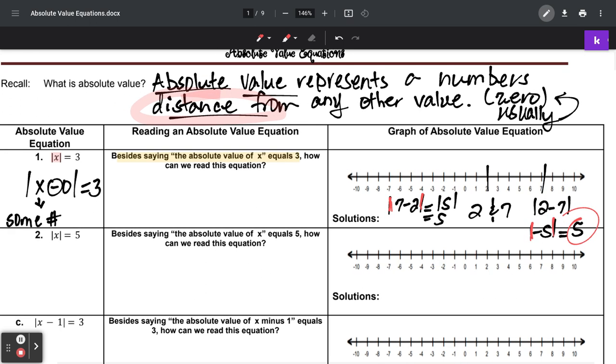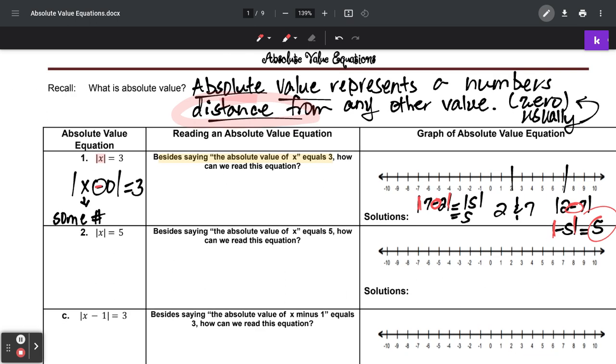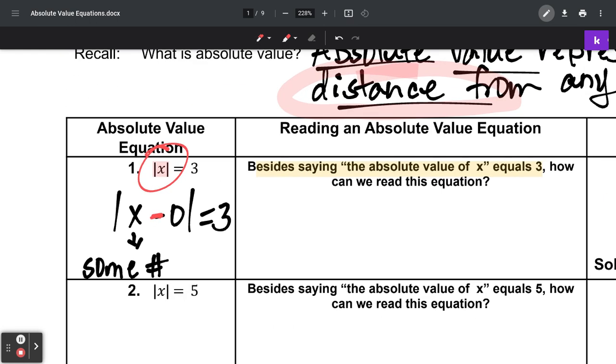But of course, my point is that whenever we find distance between two numbers, we just use the operation subtraction. Hence, that's why we're using subtraction here, okay? Now, if you look right here, there is no 0 in that. It's just x.